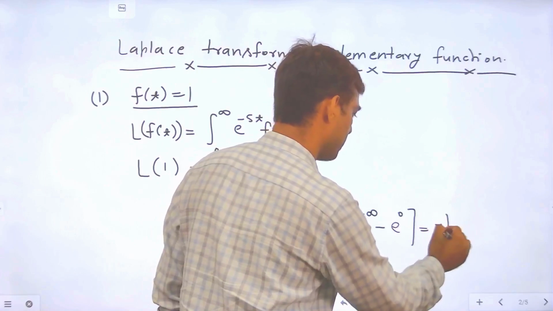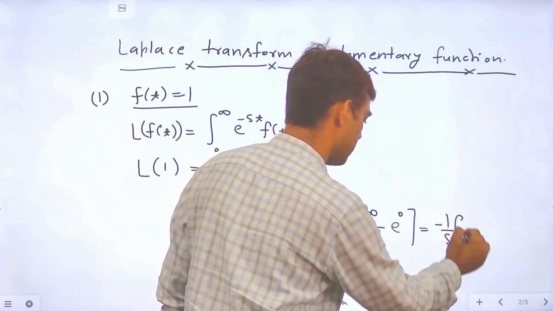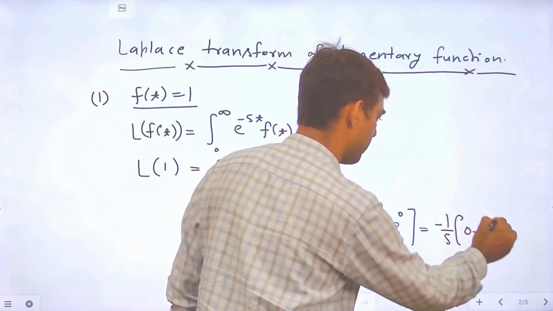So this becomes minus 1 upon s times 0 minus 1.